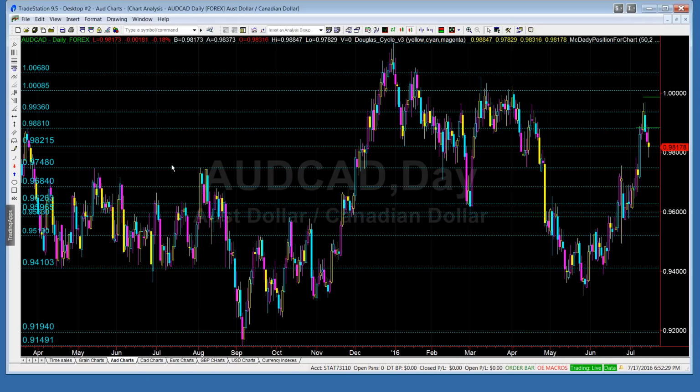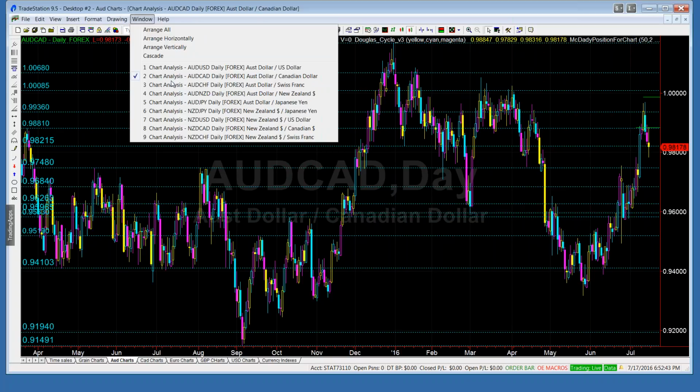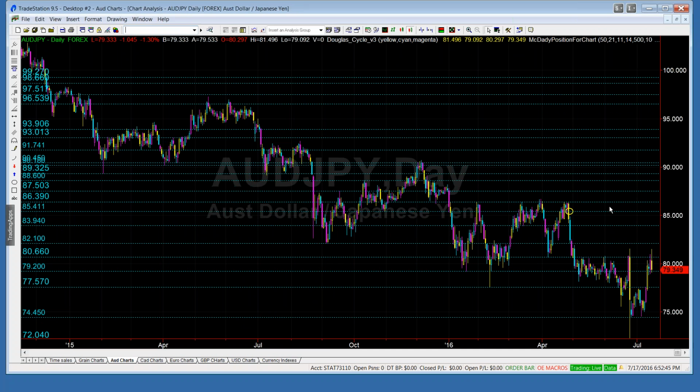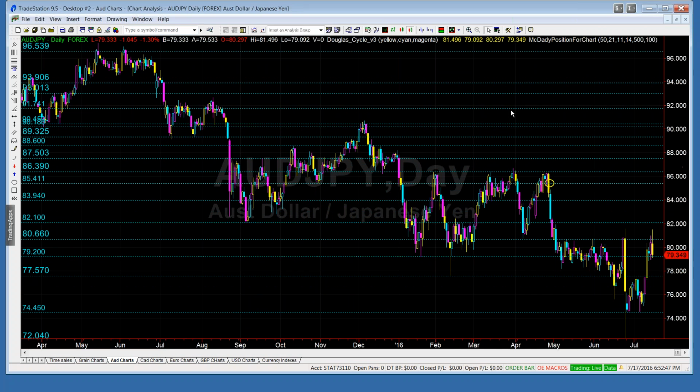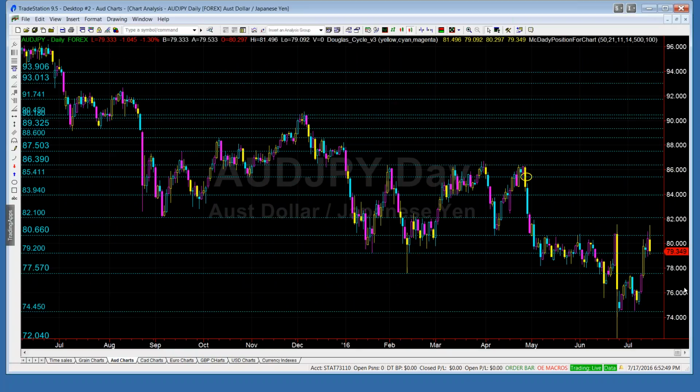As you can see, this is the Aussie yen. We are sitting right at the structure point. As you can see on Friday, again, it's the same discussion. We bought from here, it went above.